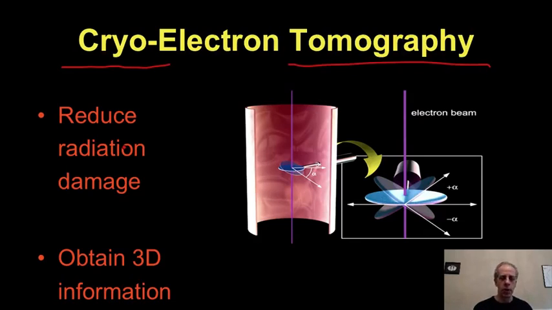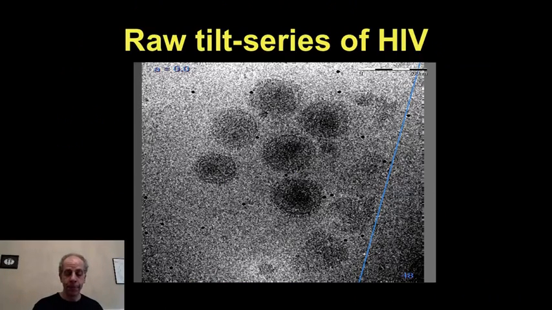And this is very dangerous. So this technique of cryo and electron tomography helps to reduce the radiation and also helps you to obtain three-dimensional information because you have multiple tilts. So that's basically what we do. And let's see images in a second, but we are doing cryo-electron tomography.